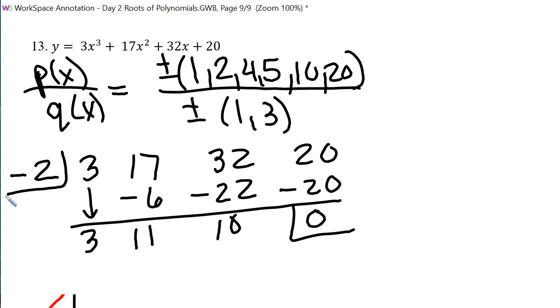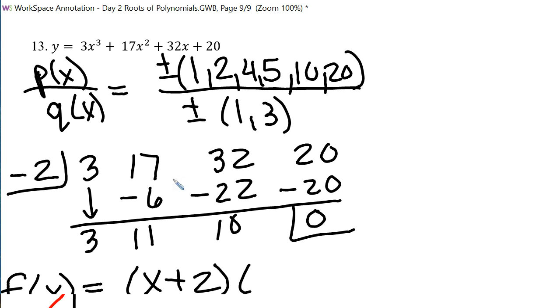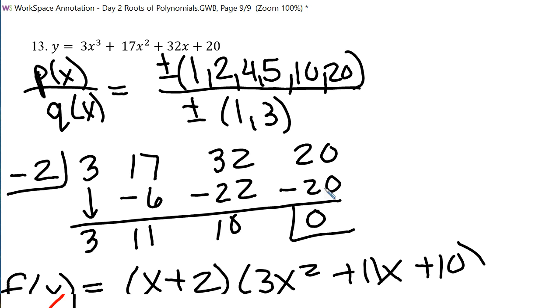So if I write that in factor form, this would be f of x equals, for -2, how do I write that in factor form? x plus 2. And this one would be 3x squared plus 11x plus 10. So how many factors do I need? 3. So I need to factor this trinomial.